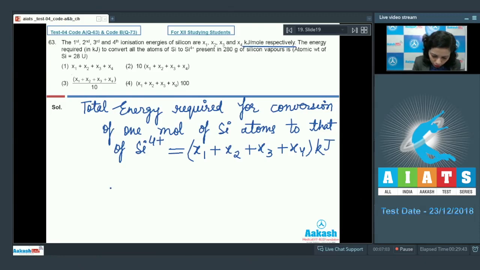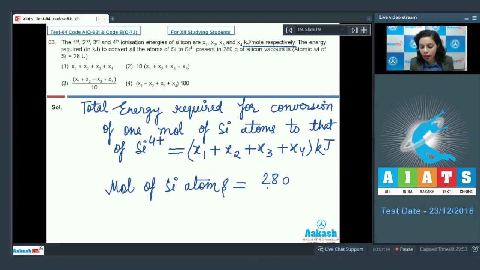From the given mass, 280 gram divided by molar mass, atomic weight 28 u, so the molar mass is 28 gram per mole, and you have 10 moles of silicon atoms.